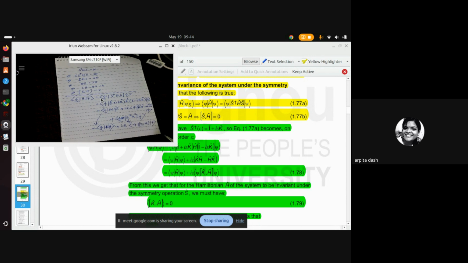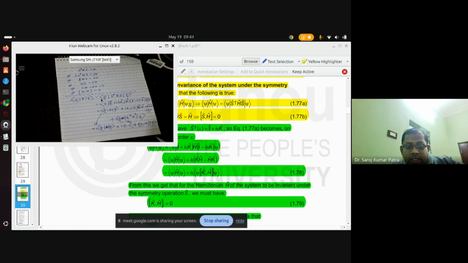No, it is, if it is invariant. That's what I am telling. We'll come to that. It has to become 0 because the expectation value of the Hamiltonian will not change, right? The expectation value. That is what it is telling you over here.